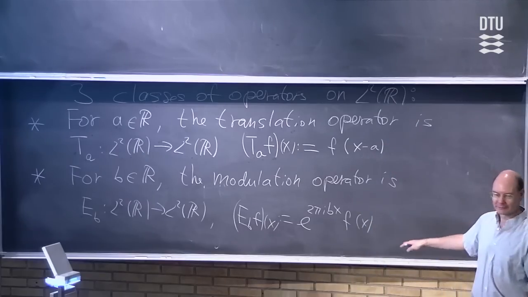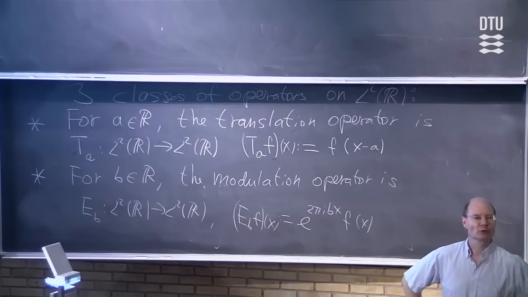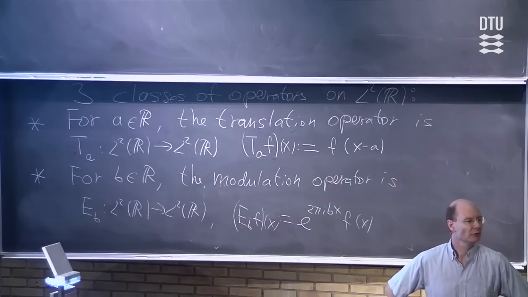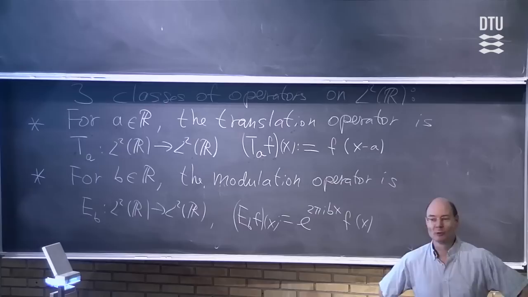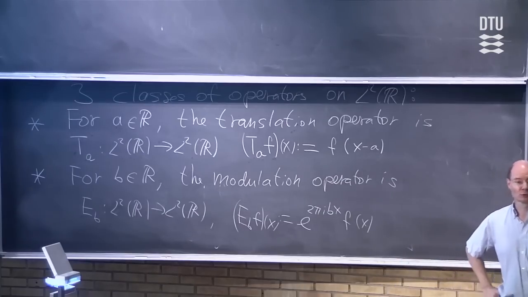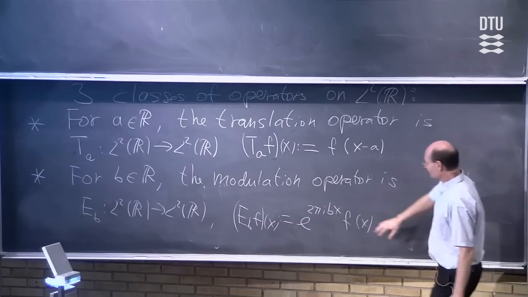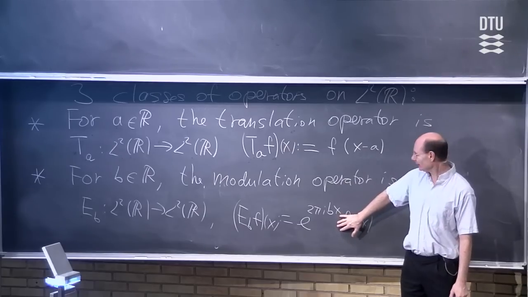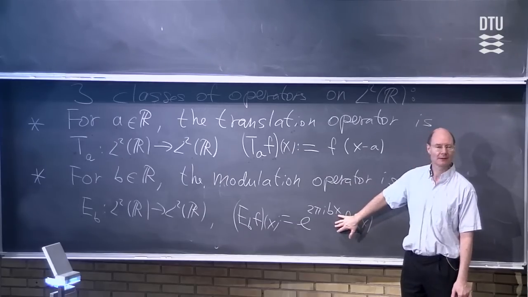First, when you look at this, you might say, why do we want to consider that operator? But if you think a little bit back to what most of you did in the course Mathematics 2, then you will know that these exponential functions, e to the 2 pi i b x, play a very important role in Fourier series.